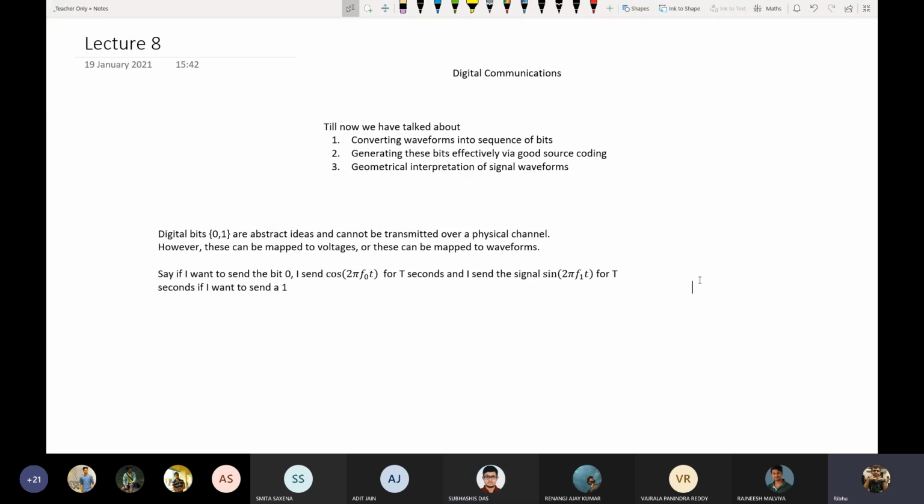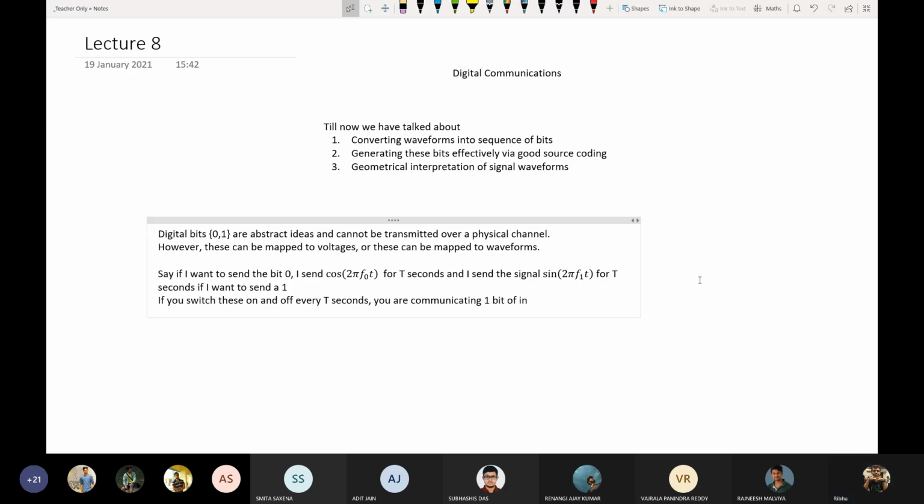Great. So in that case, basically, if you transmit or switch these on and off every, say, t seconds, you are sending 1 bit every t seconds.